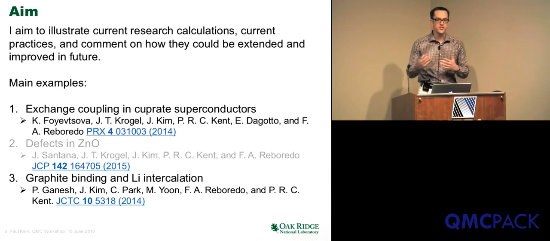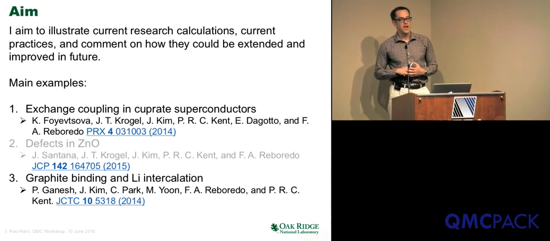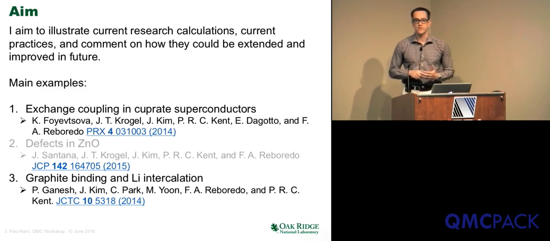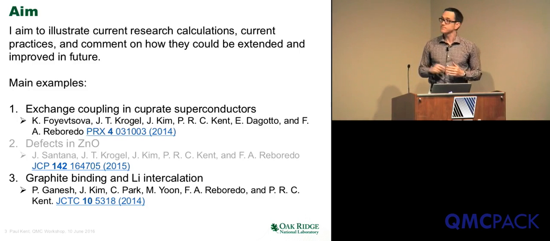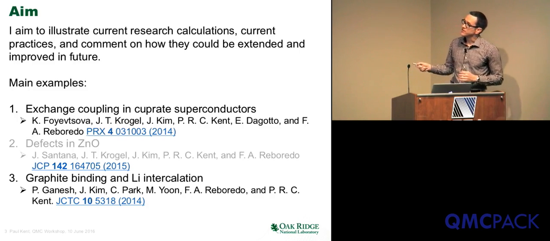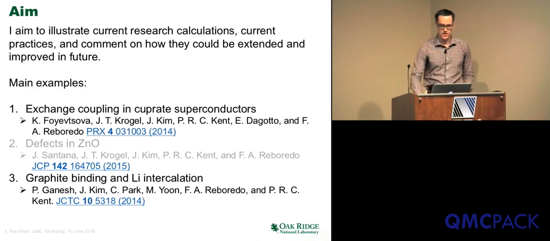And so some additional corroboration or validation is really appreciated. And of course, particularly in metal oxides, you can cross metal insulator transitions, for example, so there can be big changes in the behavior of the material. So instead of talking about defects, I'm going to talk about graphite binding and lithium intercalation.